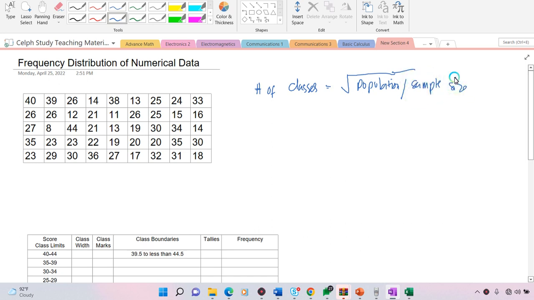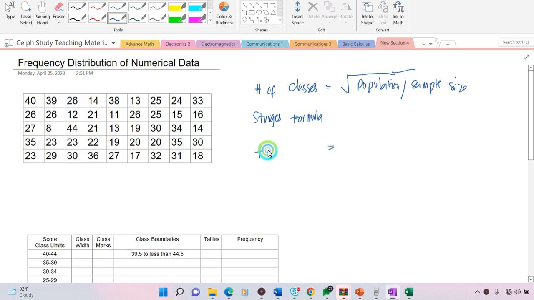We also have another approach to solve for the number of classes, and that is Sturges' formula. Wherein your number of classes is determined by a specific formula.